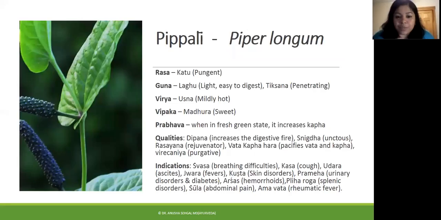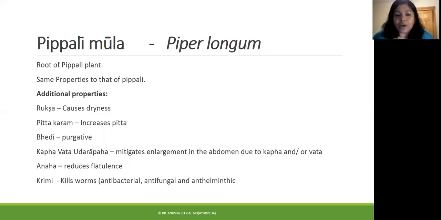So when you look at Pipali, it's Ushna Virya, or hot in potency, but it's mildly hot. Whereas the root of Pipali is much more Ushna in comparison to the fruit.